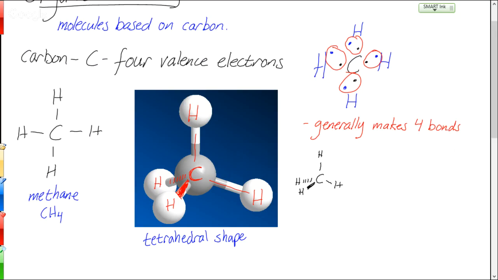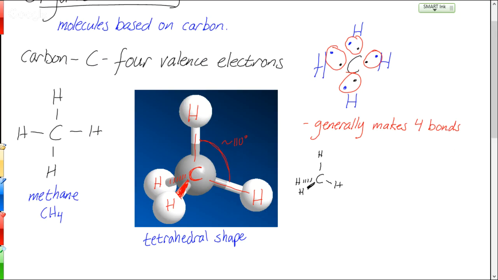And that angle between bonds here is right around 110 degrees. All right, so that's the basic structure of carbon itself.